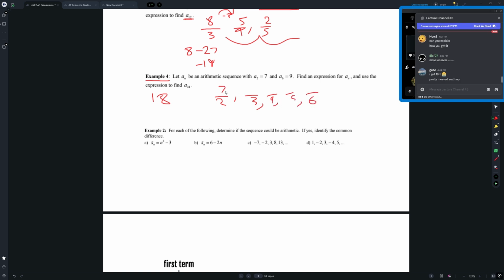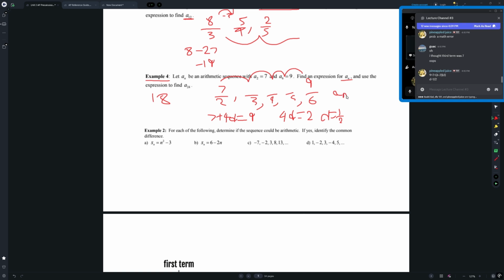Our second term is 7, and our sixth term is 9. There are 4 steps between them, so 4d plus 7 is equal to 9, and 4d is equal to 2, so d is equal to 1/2. And then you would use the formula.